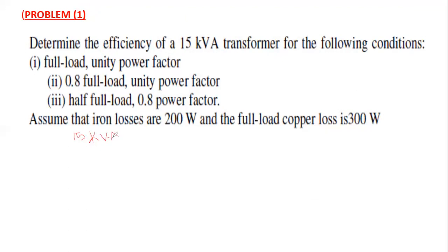The transformer depends upon the iron losses and the copper losses. The iron losses depend upon the voltage and the copper losses depend upon the current. That's why the transformer is rated in kVA.